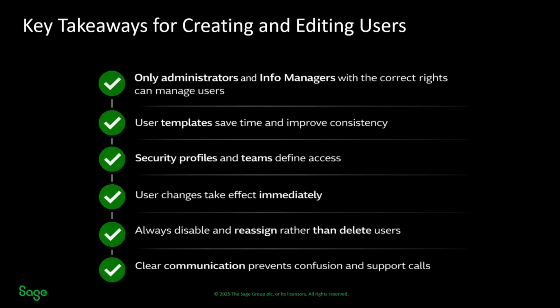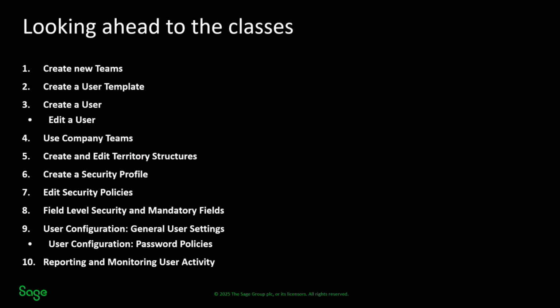So that's where we've got to. We've looked now at the creation of a user and editing of a user. In our next lesson, we're going to be looking at using company teams and setting them up and understanding how they are a type of security.